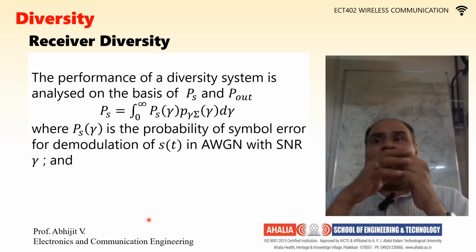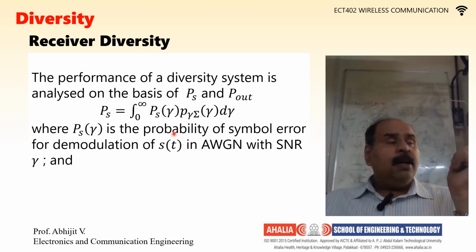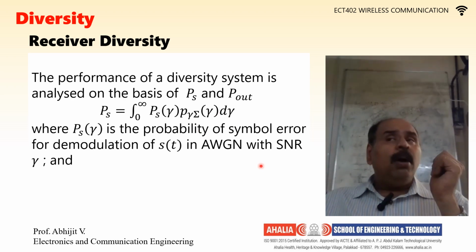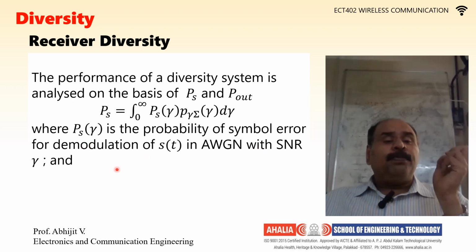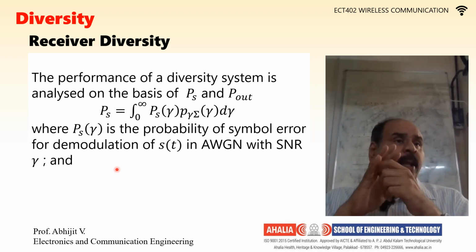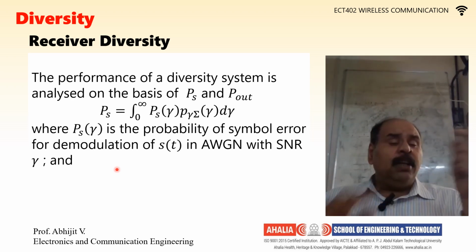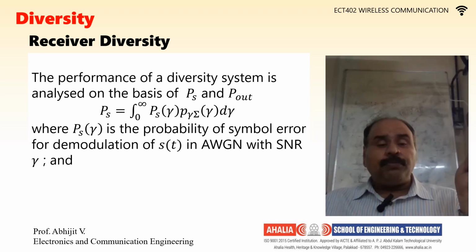PS is equal to the integral from 0 to infinity of PS gamma, P gamma sigma of gamma, d gamma, where PS gamma is the probability of symbol error for demodulation of the signal s of t in additive white Gaussian noise with SNR gamma.